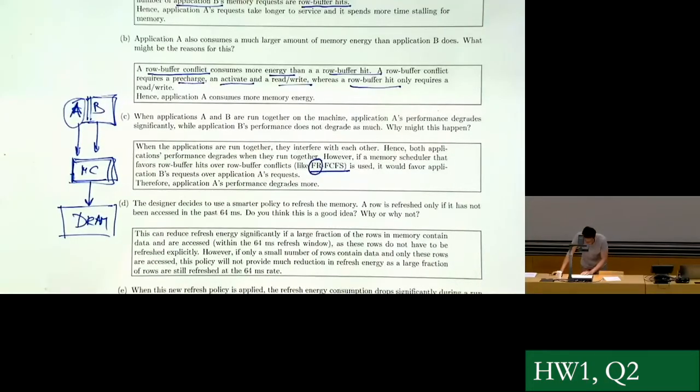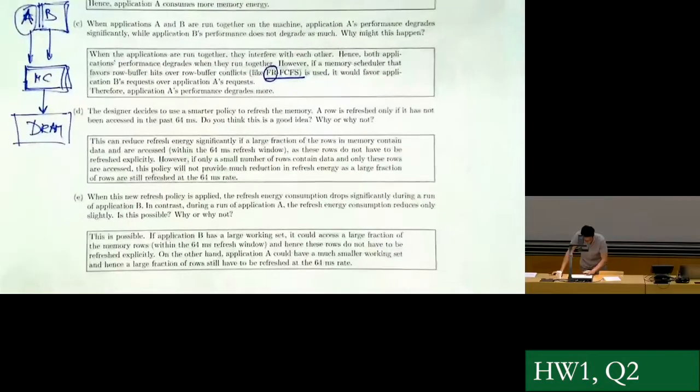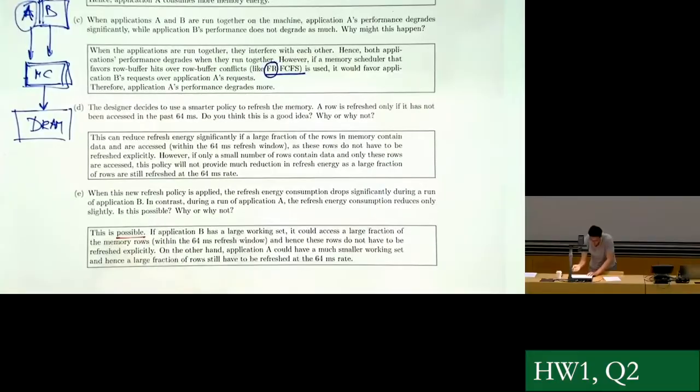Okay? And part D says, when this new refresh policy is applied, the refresh energy consumption drops significantly during a run of application B. In contrast, during a run of application A, the refresh energy consumption reduces only slightly. Why is this possible, and why or why not? It says yes, it's possible. Well, this depends on how many rows each application accesses. In this case, application B has a large working set, so there are many accesses to many different rows.